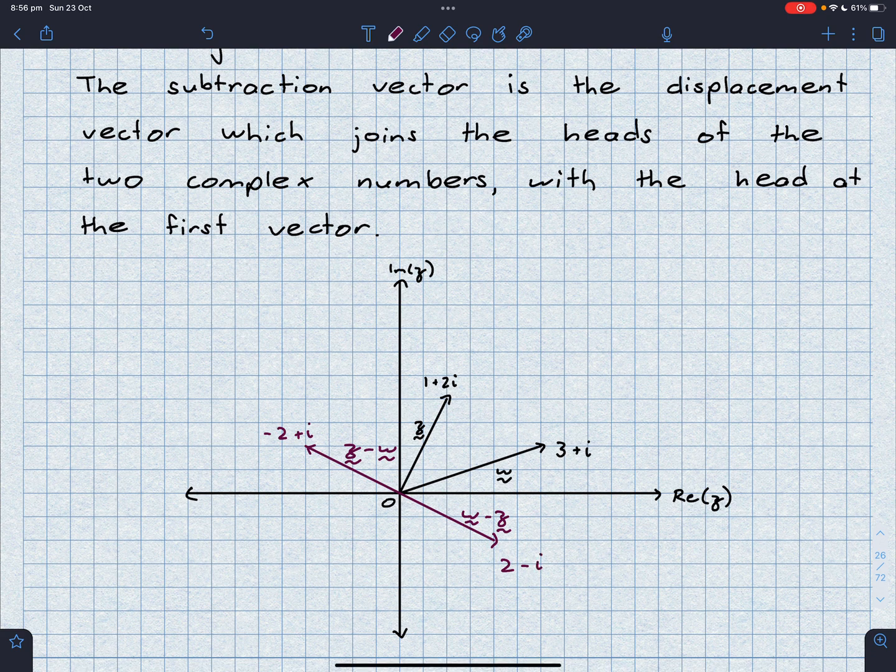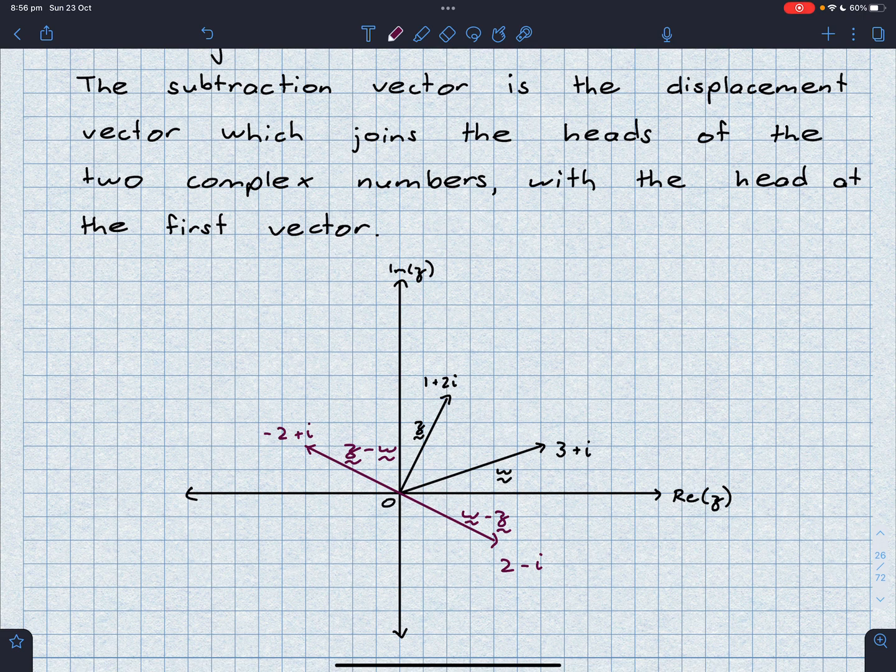And that's exactly where that vector is meant to be. And we know that z minus w is equal to negative w minus z. And you can see that if we were to multiply one of these by negative 1, we would get the exact opposite in the opposite quadrant, diagonally opposite quadrant, I should say.